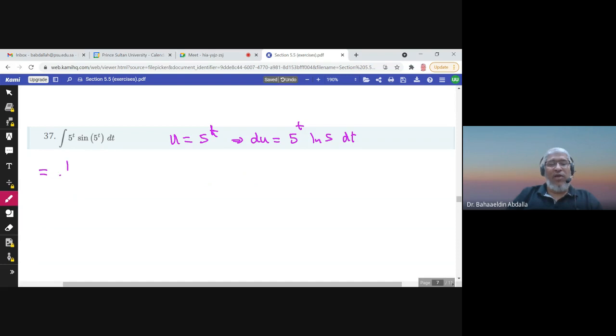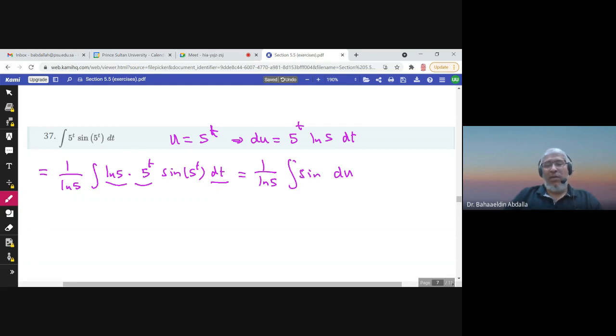So I will divide by ln 5 outside, and inside I will multiply by ln 5. Now ln 5 times 5 to the t dt is just du, and I have sine of 5 to the power t, which is u.